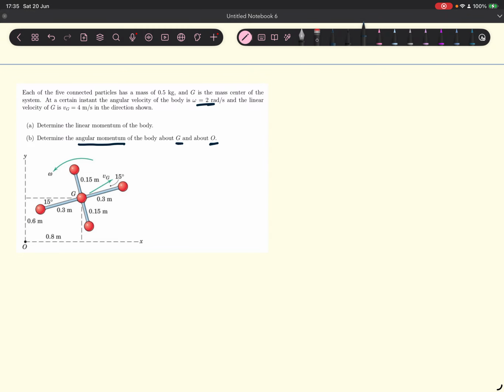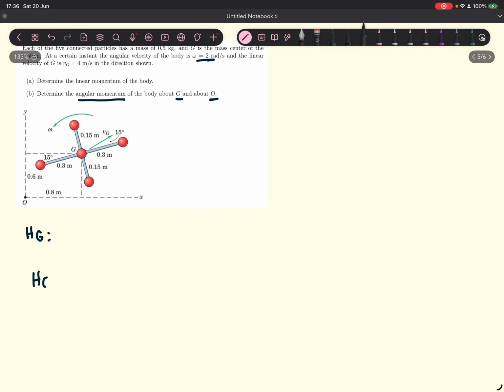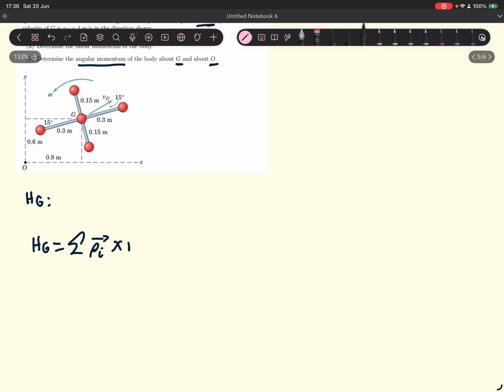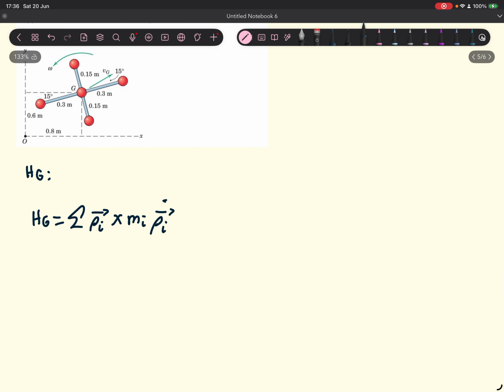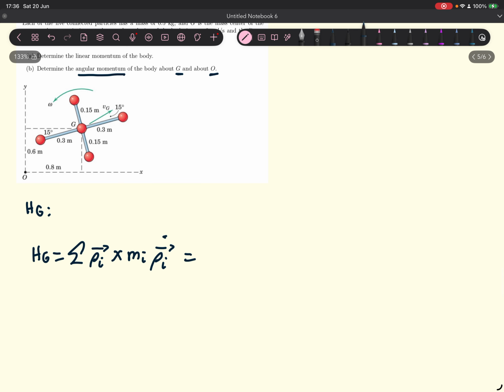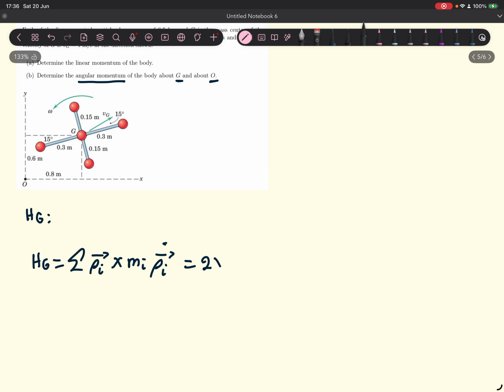Okay, so I'm going to start with HG, and we know that HG is equal to the sum of rho I crossed with mi rho I dot, which is equal to 2 times, because 2 of them have the same distance. You can do it for each and every one, it's still going to give you the same answer.